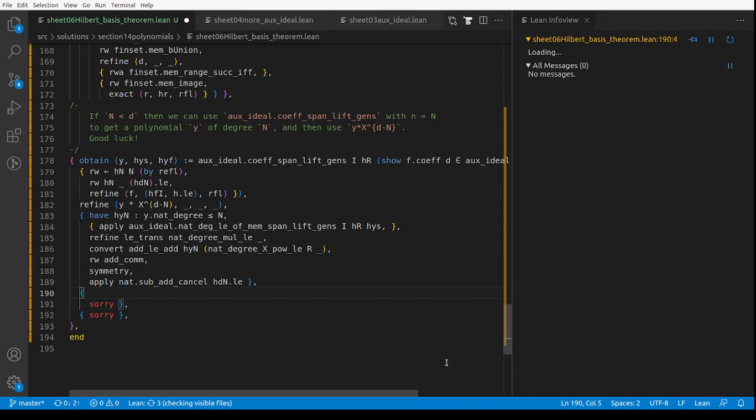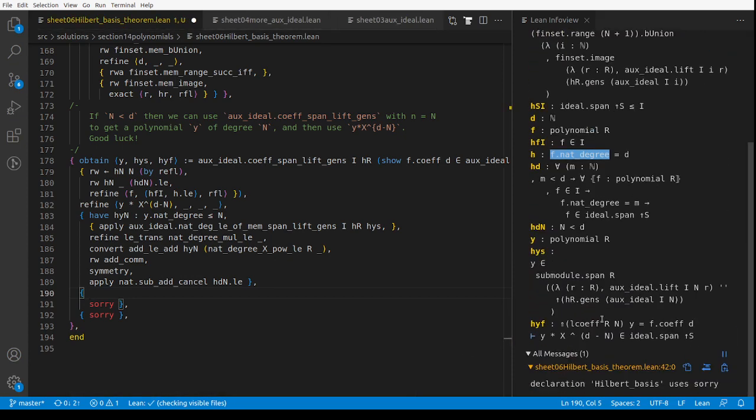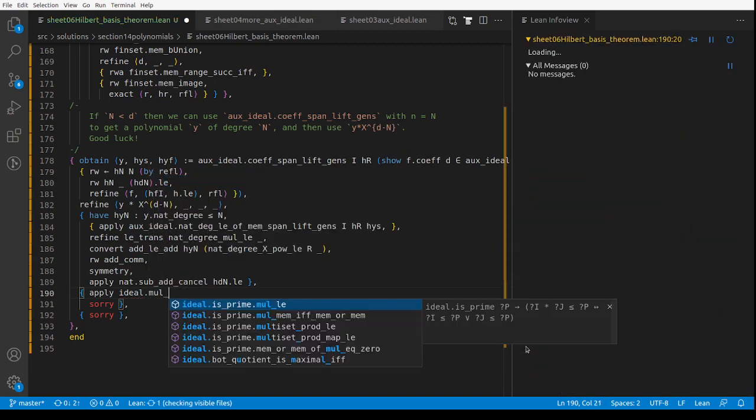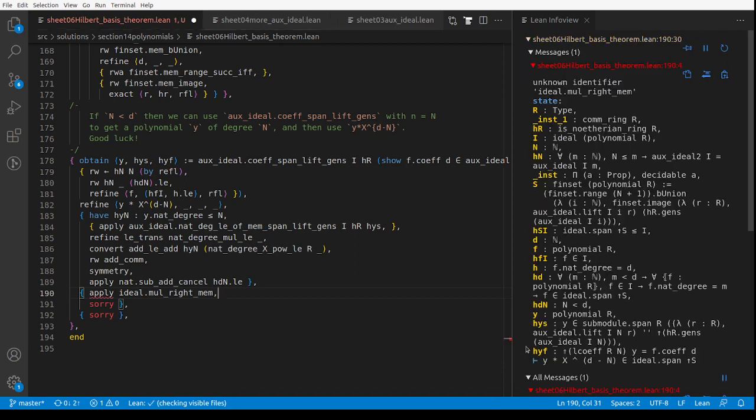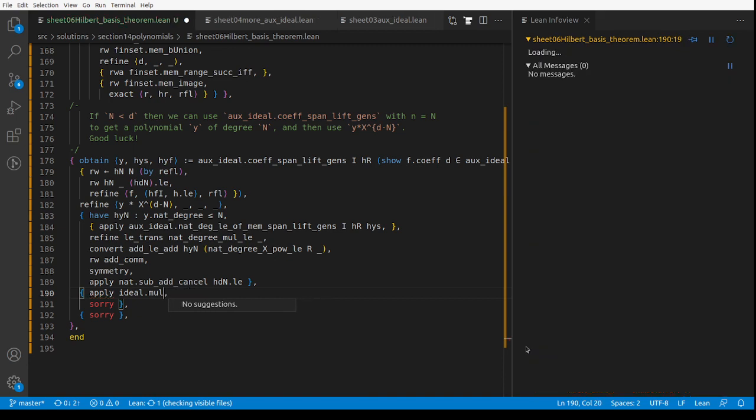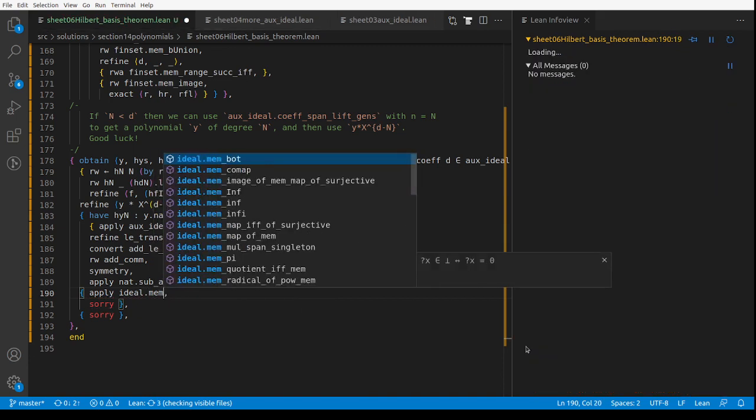Right, 2 sorries to go. What have we got to do now? We're going to prove that that's in the span, and the reason it's in the span is because y is in the span, right? So that will be apply ideal dot mul right mem or something. Is that a thing? No, it's never heard of it. Mem mul right.